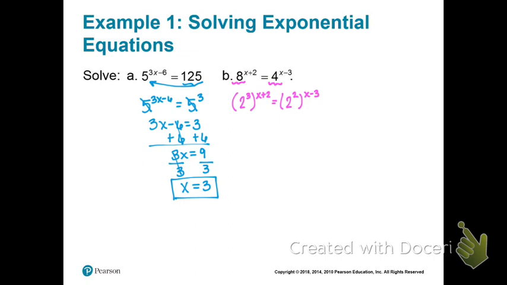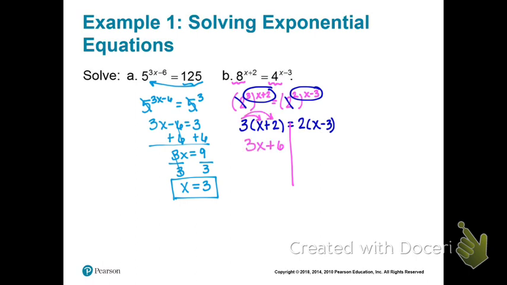Now remember, these exponents are side by side up here, which means we're going to multiply, and our bases are the same, so we can just ignore them. So we have 3 times x plus 2 equals 2 times the x minus 3. And then we're just going to solve this for x. So first thing we're going to do is simplify each side. So I'm going to distribute this 3. I'm going to distribute this 2.